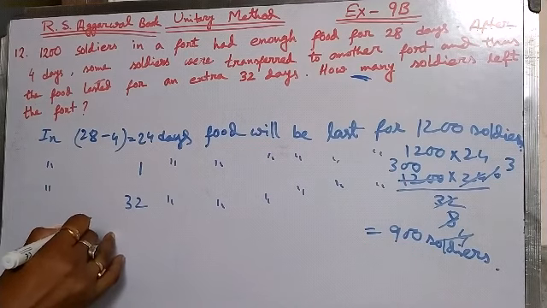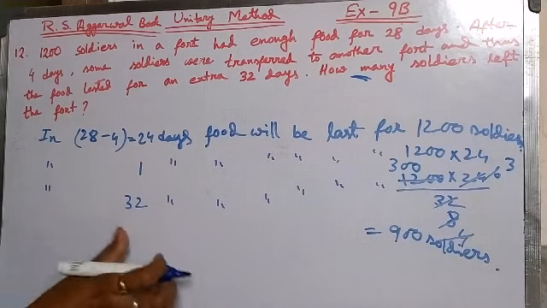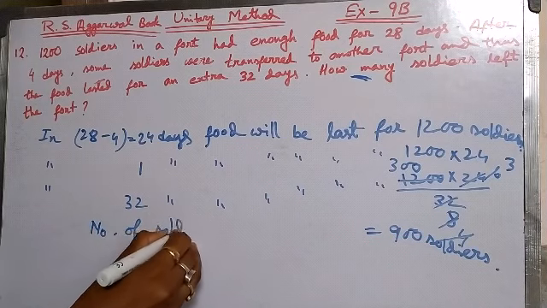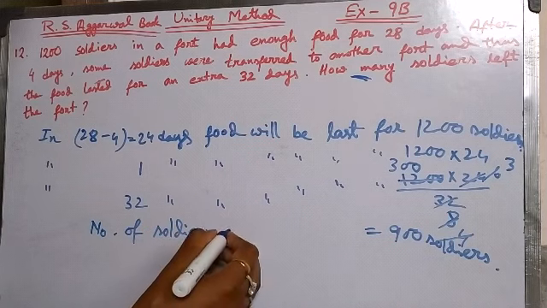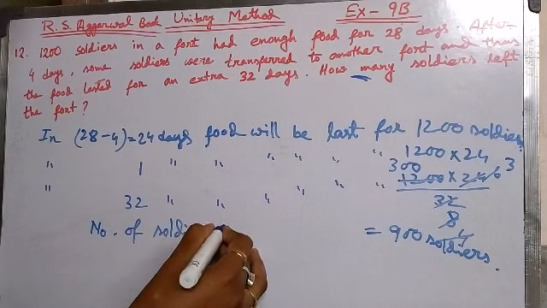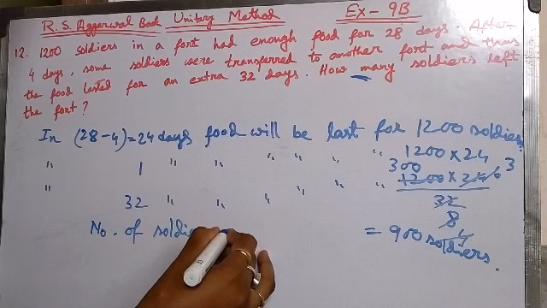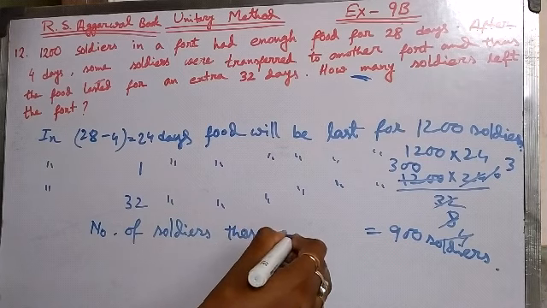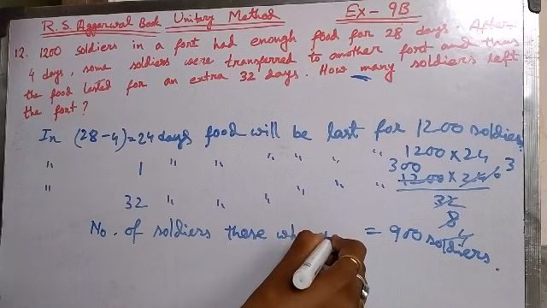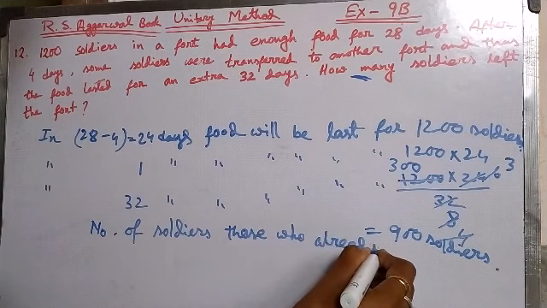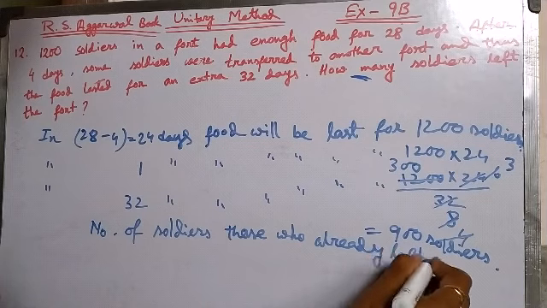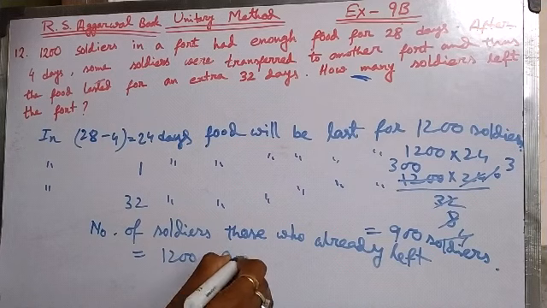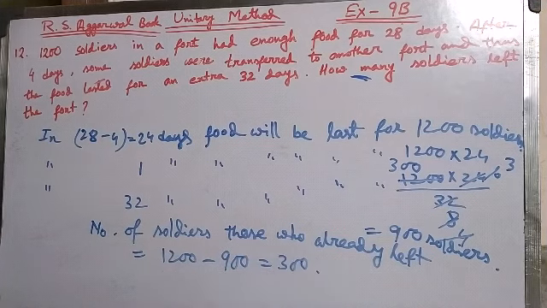The number of soldiers who already left is equal to 1200 minus 900. That means 300. So this is the answer.